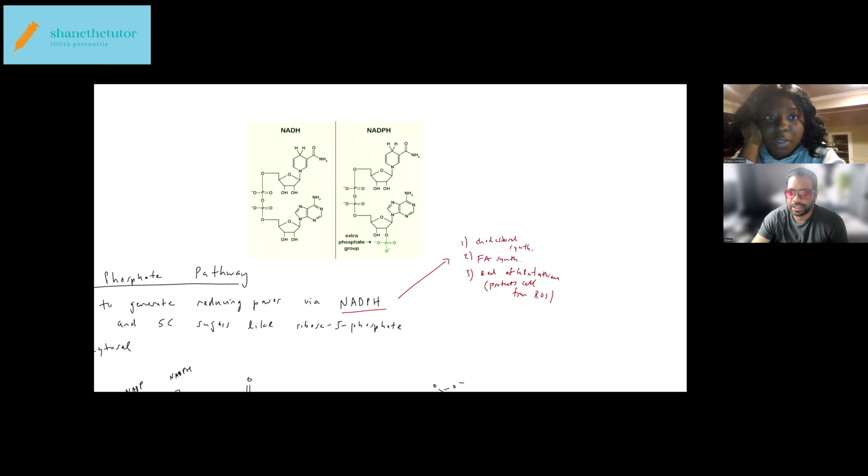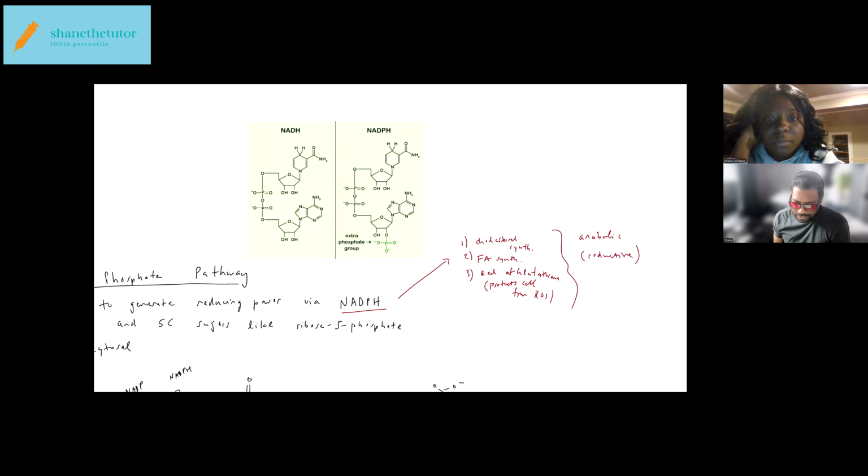Yeah, so the fact that it has a phosphate means, let's see how I can put this. These are anabolic reductive processes.